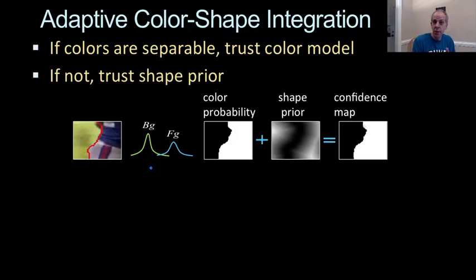We have information from the previous frame, a segmentation that we trust, and we got the shape prior, the color priors. If the color distributions are well separated, so you look at the histograms, for example, of every color or a distribution of all of them together, and you see that they're very well separated, and there are multiple ways to measure that. If they're well separated, trust the colors, trust the probability, and use the shape prior very limited. So the shape prior was somewhere here, that was the curve.